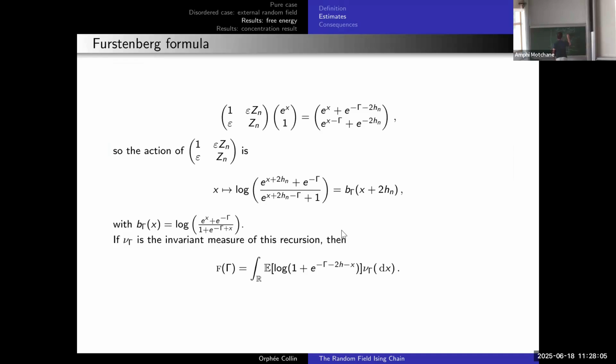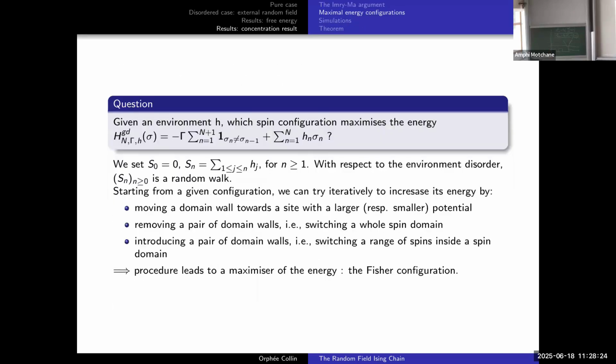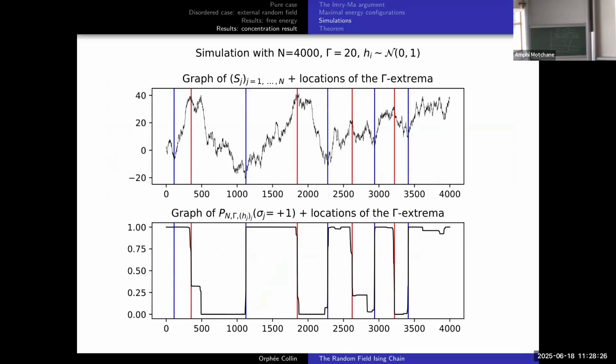So it's B gamma of L plus H. We already understand quite well these variables.